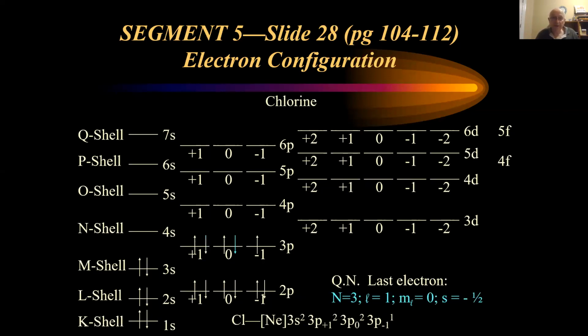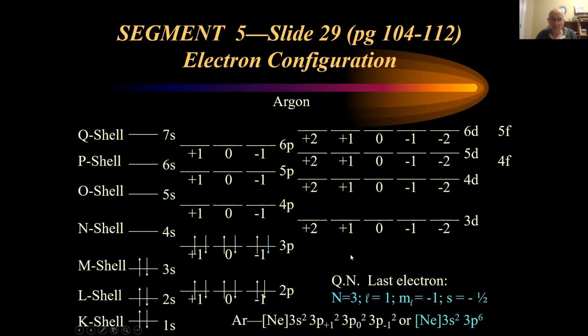Okay. Chlorine, I put one more electron in, and that electron would have to go into this one paired up, and I put it there rather than over here because 0 is priority over -1. There are its quantum numbers. Argon. Now, argon is also one of the noble gas families, and it has never been reacted with anything either.